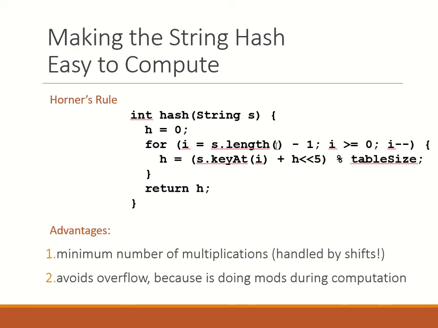All the other things remain the same. You take the key, take the ASCII value, perform a left shift by 5 bits, then apply it over the table size and you get the value. This uses a minimum number of multiplications, because everything is handled by shifts, and it avoids overflow because you are using modulus during the computation.